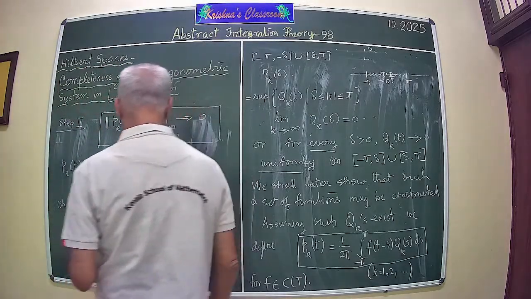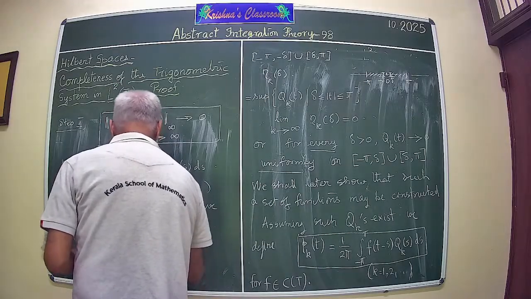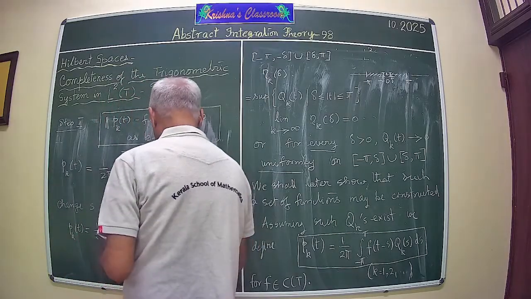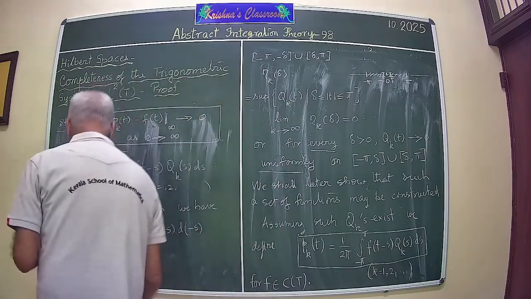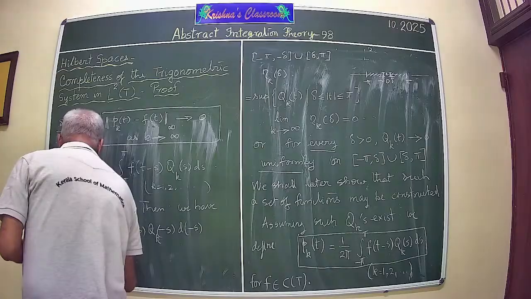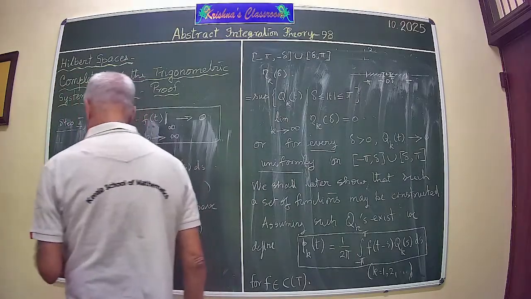Change s to minus s, and you can show that this is equal to 1 by 2 pi, it's very simple. So what happens?